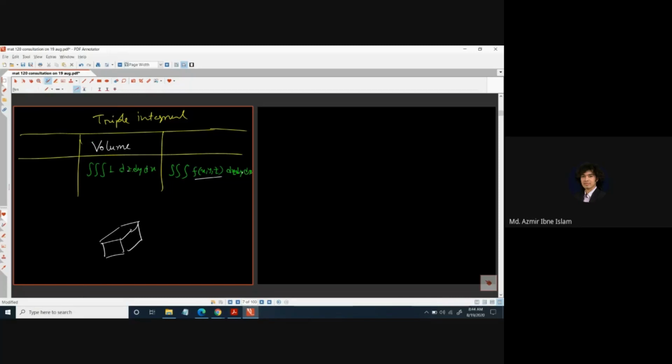But if you have dx, dy, dz with f of x comma y comma z, let's say x squared y z, this function with dz, dy, dx, then it will not give you the volume. Remember, it will be a four-dimensional phenomenon. It may be mass.